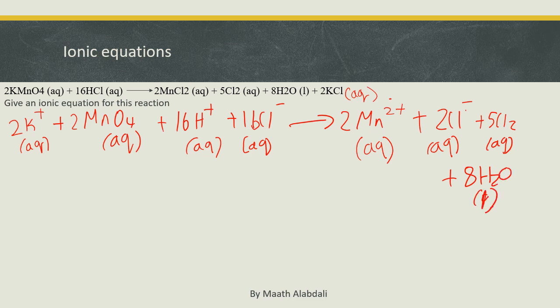If it is liquid, solid, or gas, it stays the same, you don't change it. Plus 2 K plus aqueous plus 2 Cl minus aqueous.